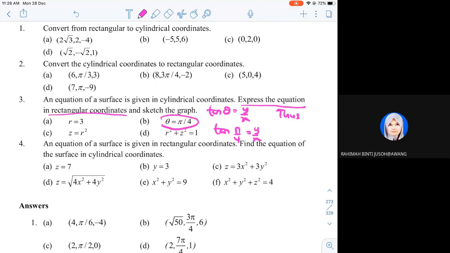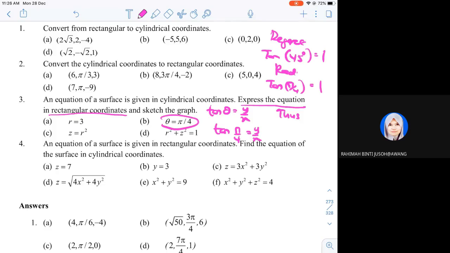That's why I say be careful. If degree, you put tangent 45 degrees. If radian, then you can use tangent pi over 4. This equals 1 actually. Yes, thank you very much. Equals to 1.